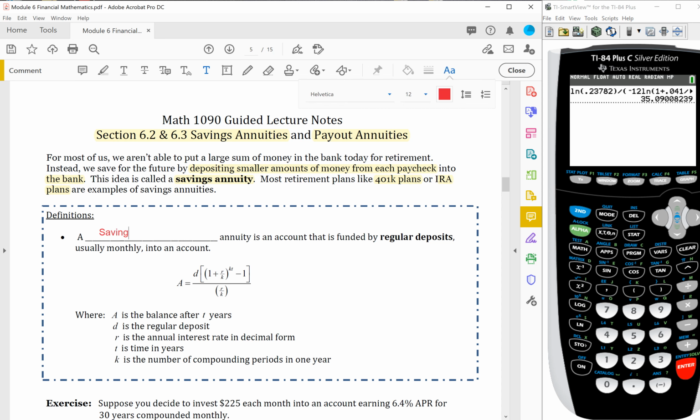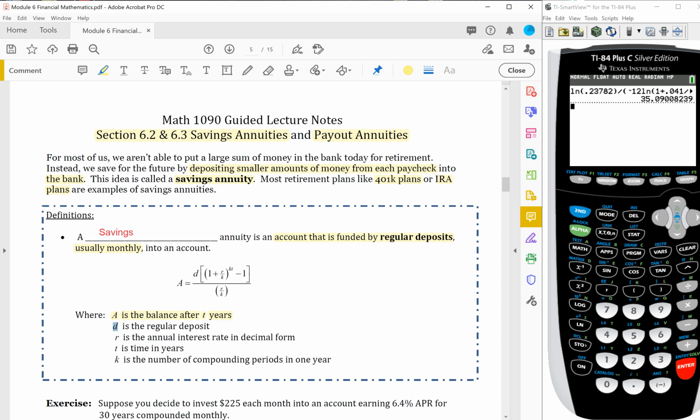A savings annuity is an account that's funded by regular deposits, usually monthly, into an account. Now, the formula for a savings annuity looks like this. In our savings annuity formula, A is your balance after T years, the left-hand side.